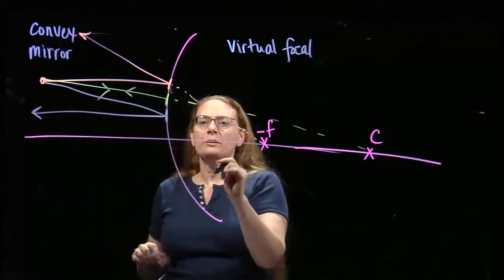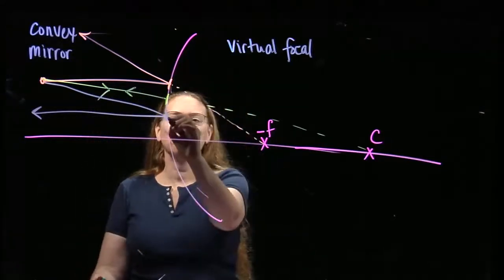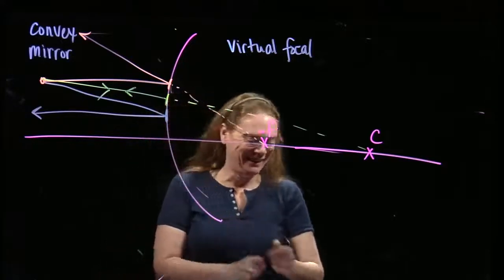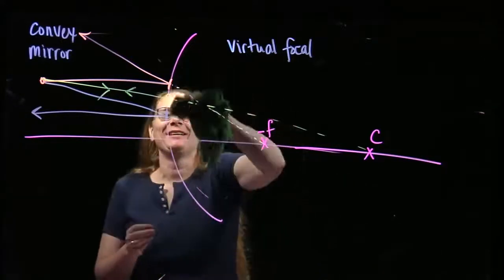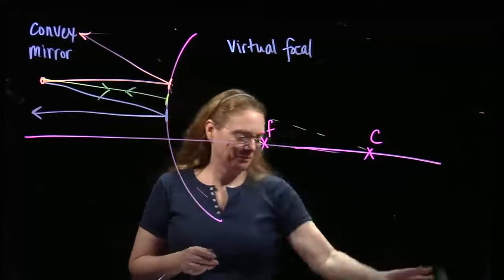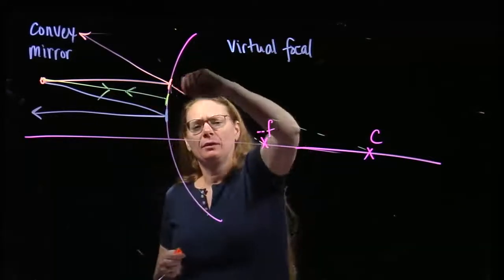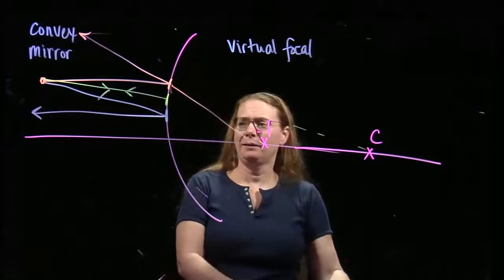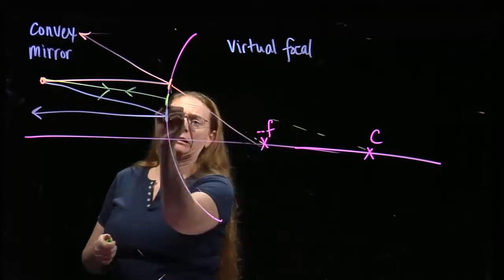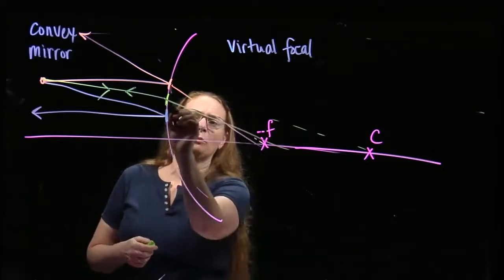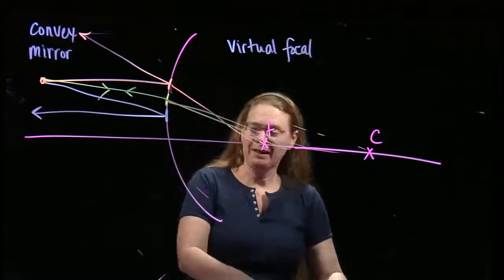And wow, this is not going to meet up. This is pretty terrible. I'm so sorry. Let's do that. And center of curvature, like that maybe. And then this one.